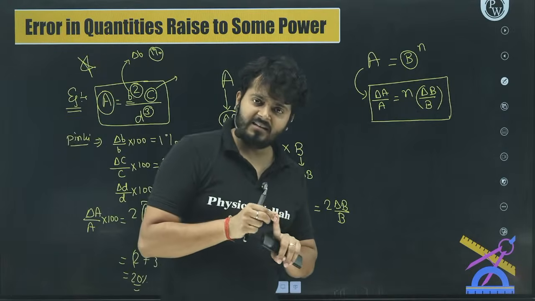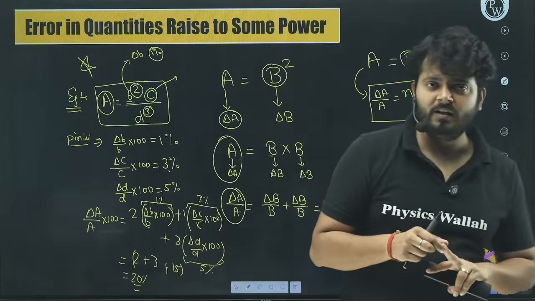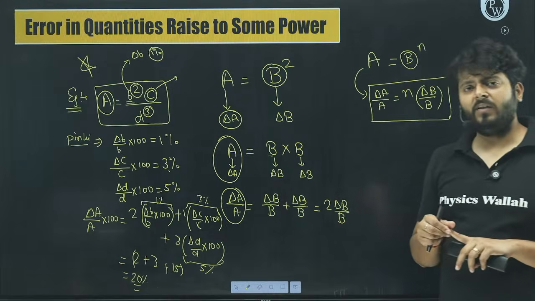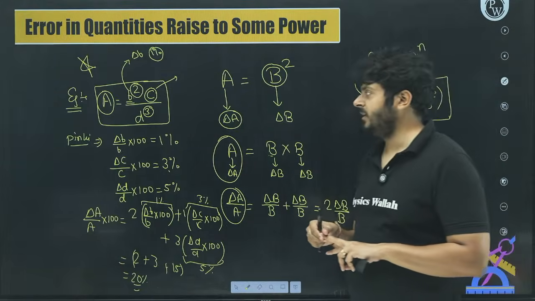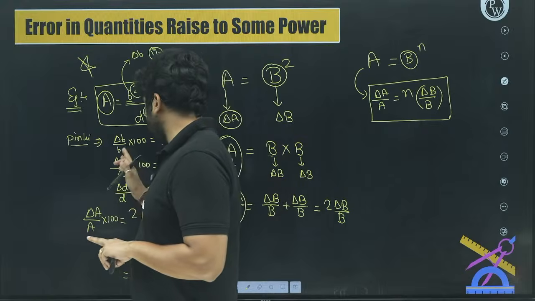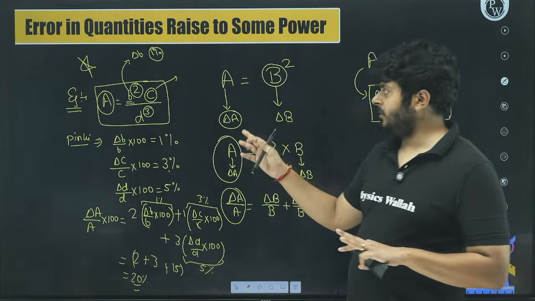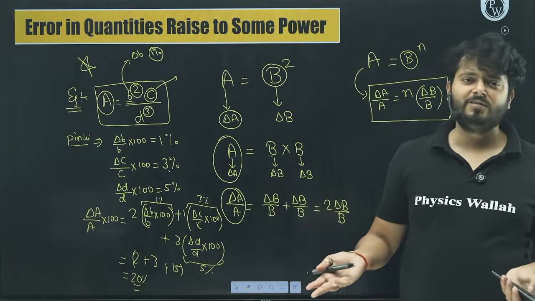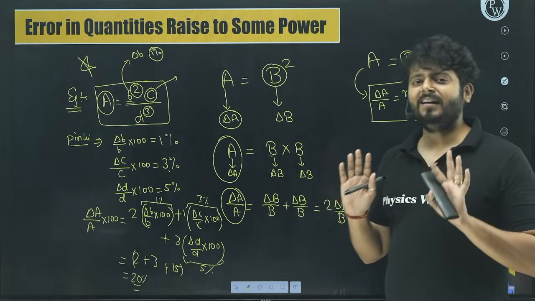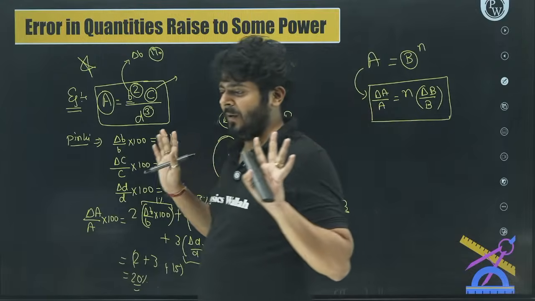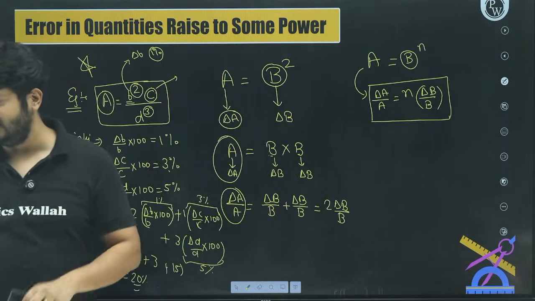And after clearing these things, the third thing is combination of errors. The combination of errors is also clear. So the concept of error is completed, right?